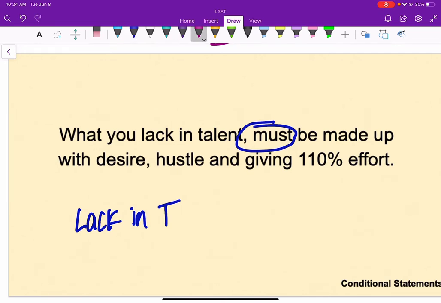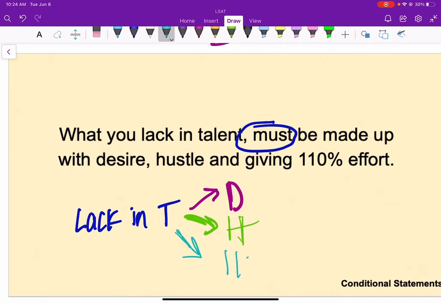And we have 3 necessary conditions, right? We must be made up with desire, we must hustle, and we must give 110% effort. So all 3, so if we lack in talent, we have to have those things. All 3 of them are necessary.